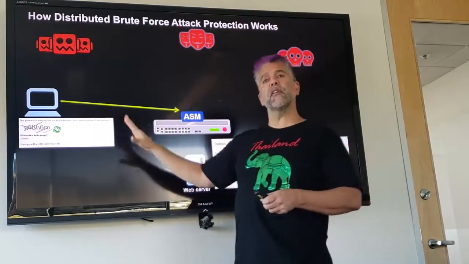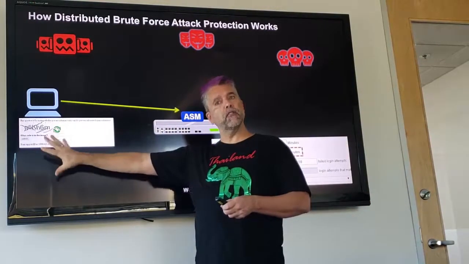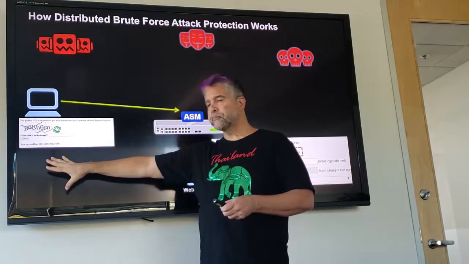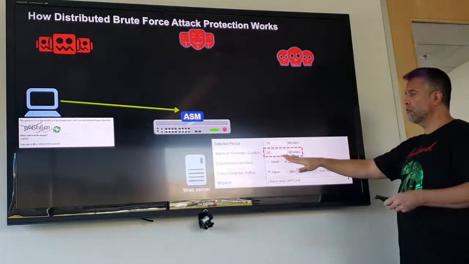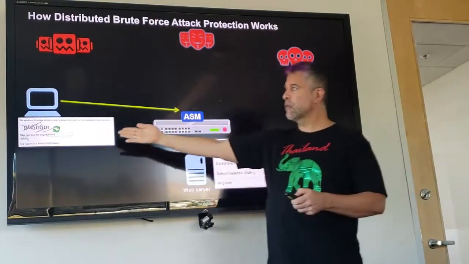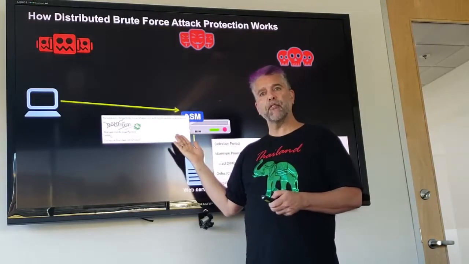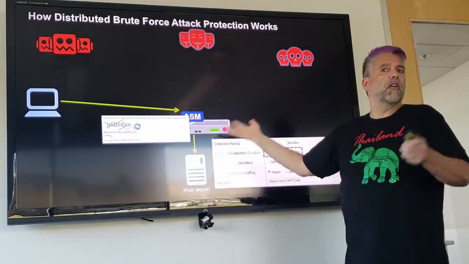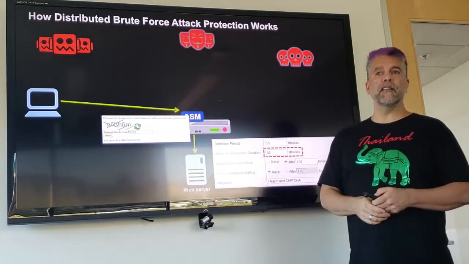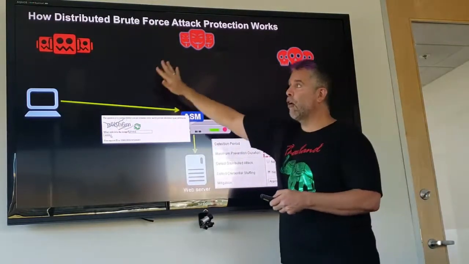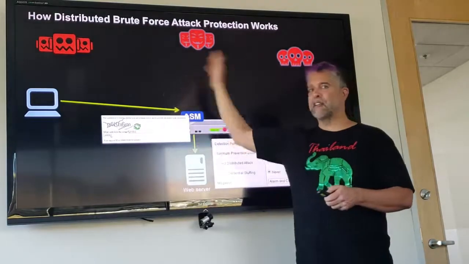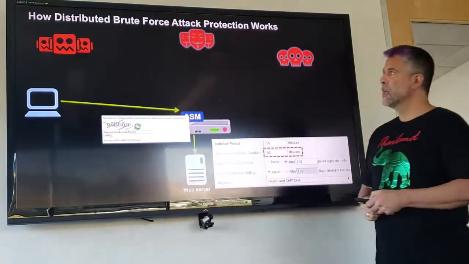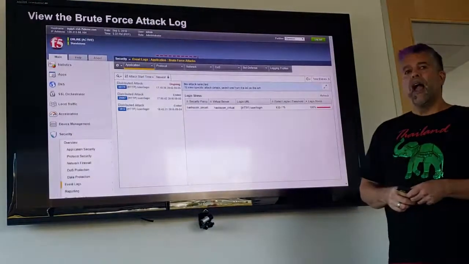At this point, ASM is going to provide a CAPTCHA challenge for all of our users during our prevention period, but this user has no problem submitting the CAPTCHA challenge, and therefore they will have access to the web server because they're not part of the attack. And that can be happening while all this distributed traffic is still taking place. So that's how that works.